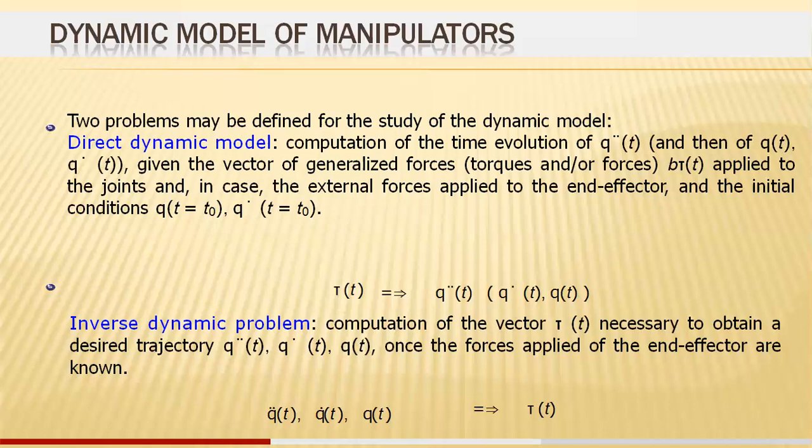Coming to the inverse dynamic problem, this is the computation of the vector which is necessary in order to obtain a desired trajectory. In a similar strategy, we progressed in the case of the direct dynamic model, which is the application of forces and torques for rotational motions of the links and sliding motions of the links, and finally the movement of the end effector needs to be captured.